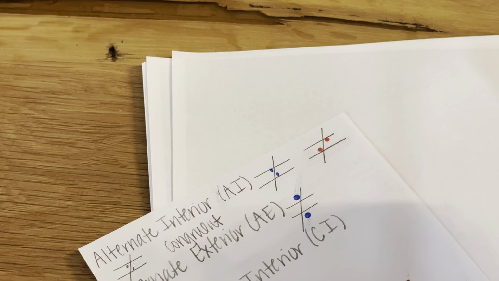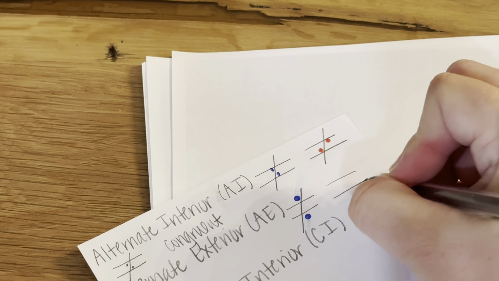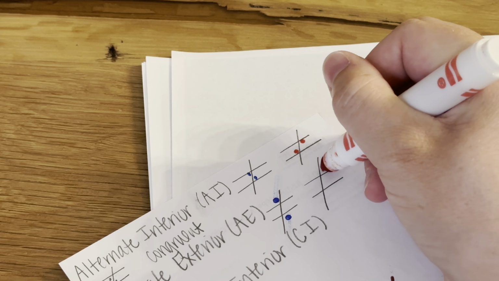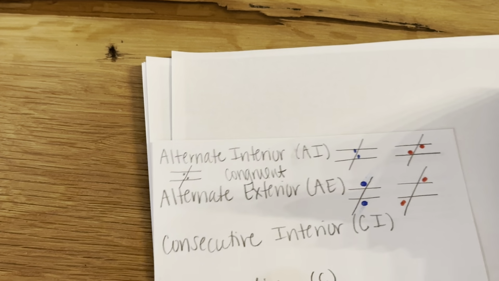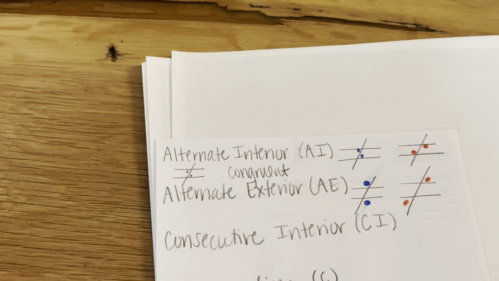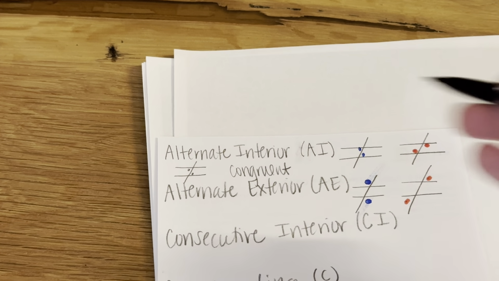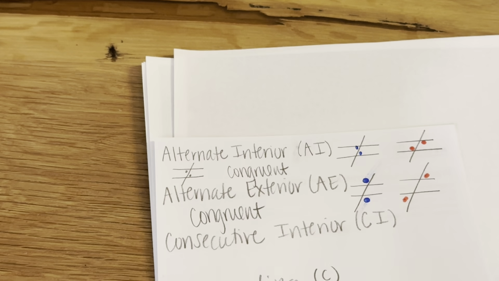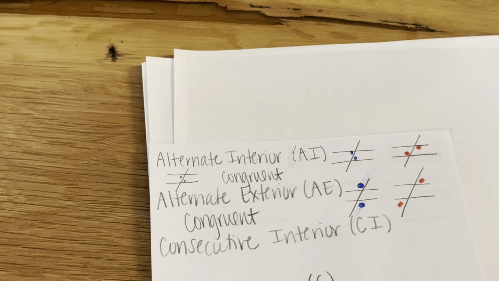And then the other alternate exterior, this angle and this angle. And these are also congruent. If your lines are parallel, they have to be congruent every time.